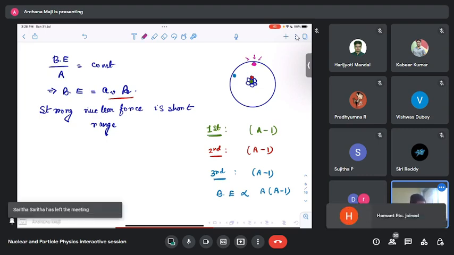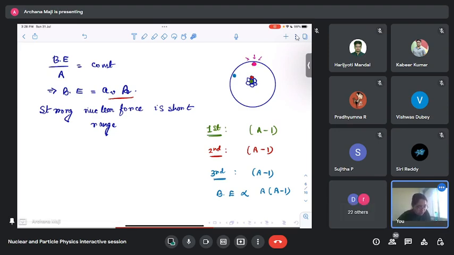Basically, for those nucleons, the contribution to the binding energy will actually reduce the binding energy, because those are not surrounded by neighboring nucleons completely. Let me first tell you that the first term is called the volume term.